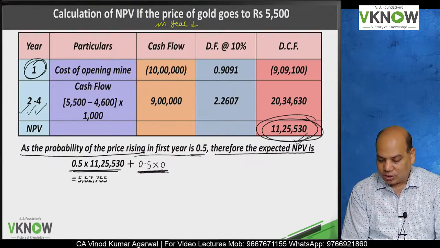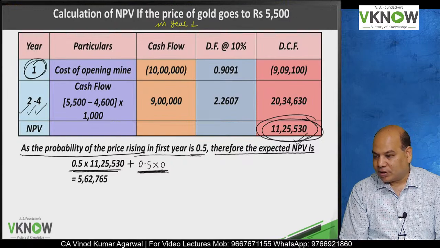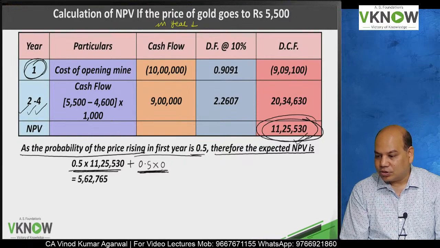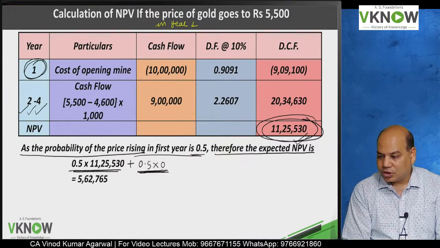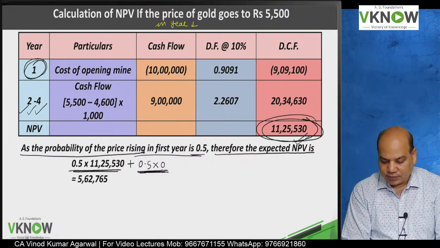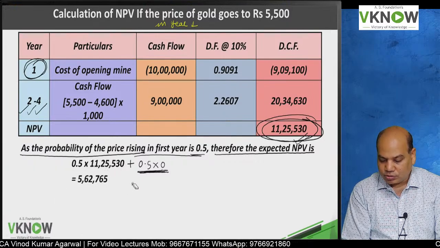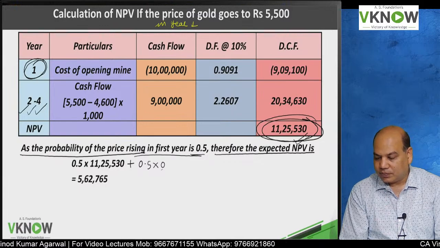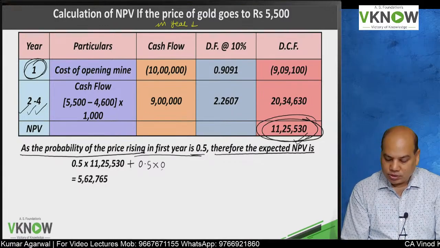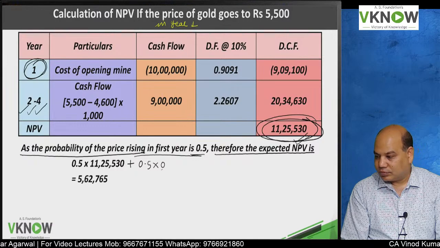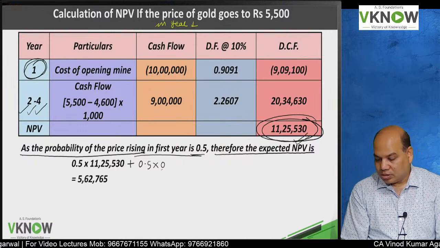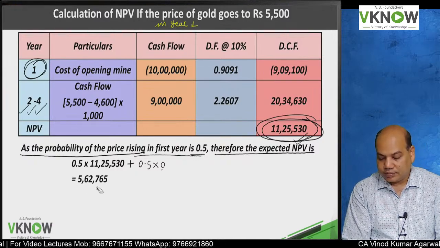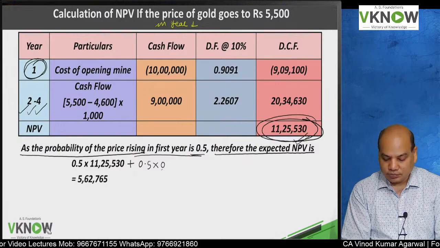So the student will now reply the final answer for situation 2: 562,765. Okay. Now this is positive. Think about it.